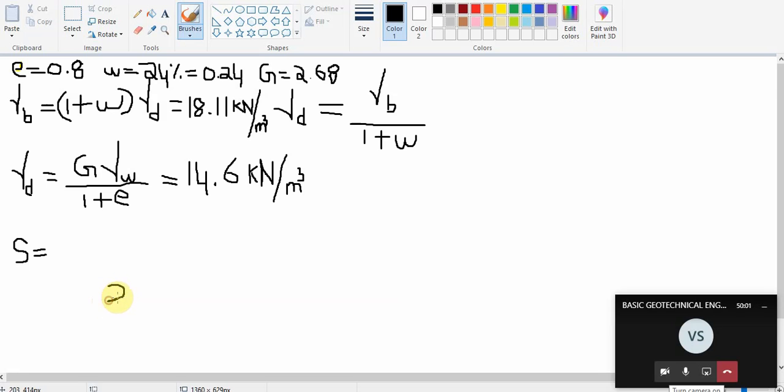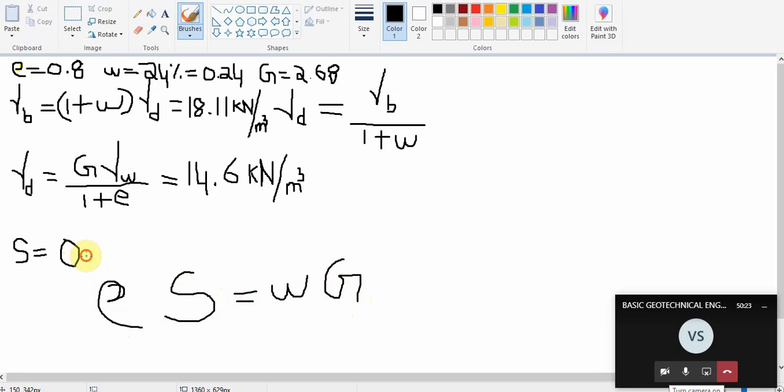We have this expression e into S equal to W into G. So S will be equal to W into G divided by e. So value of S is 0.79. Okay, 0.79 is also fine.